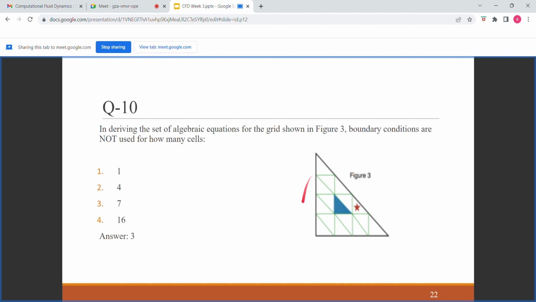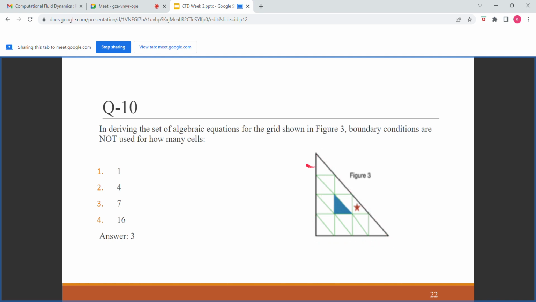This is the triangular duct and the grids are arranged in this way, and we are asked for how many cells boundary conditions are not used. So if we look into these cells, boundary conditions would be applied in this boundary and this boundary.